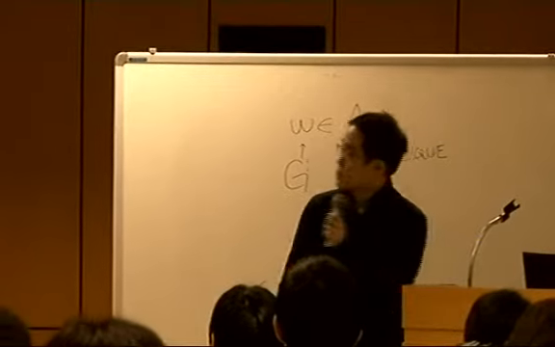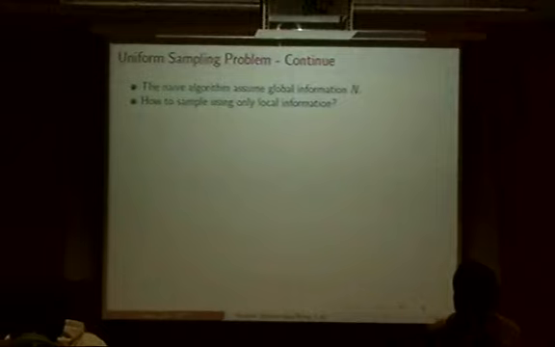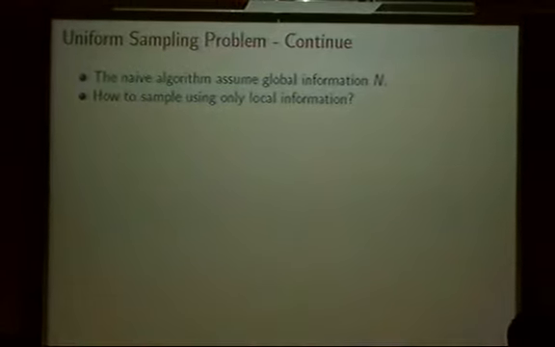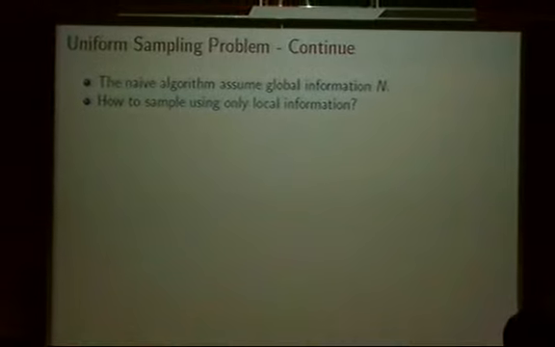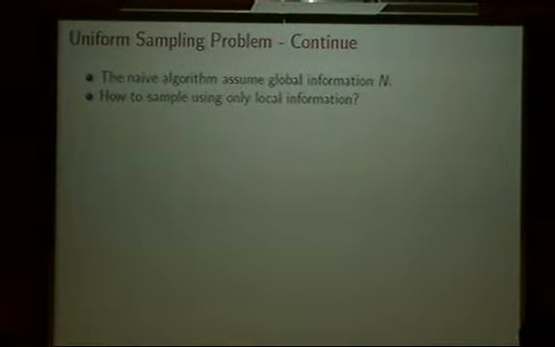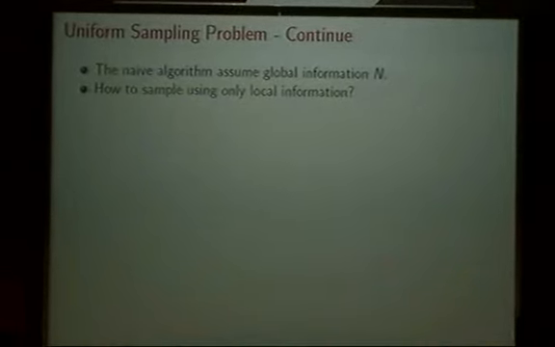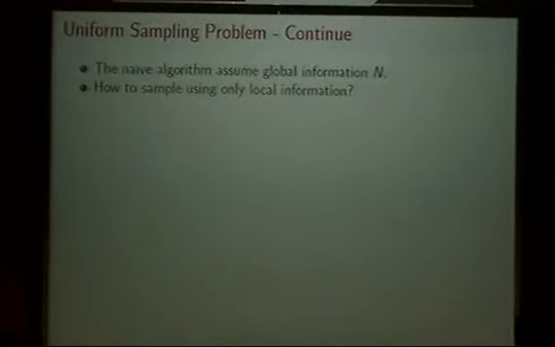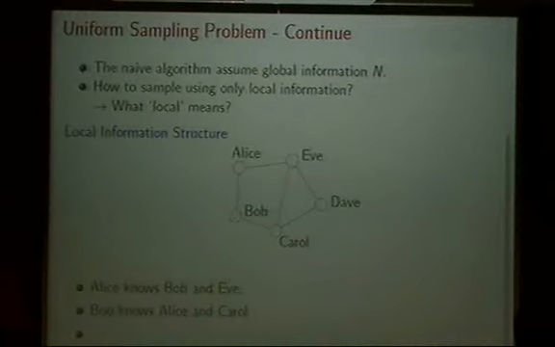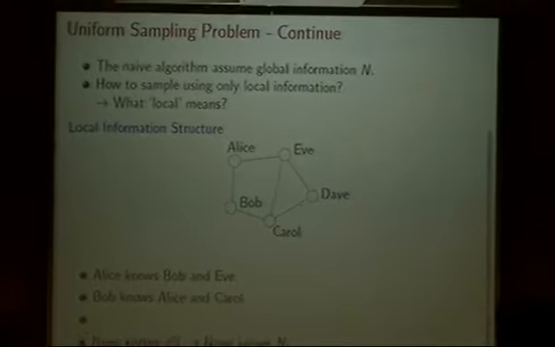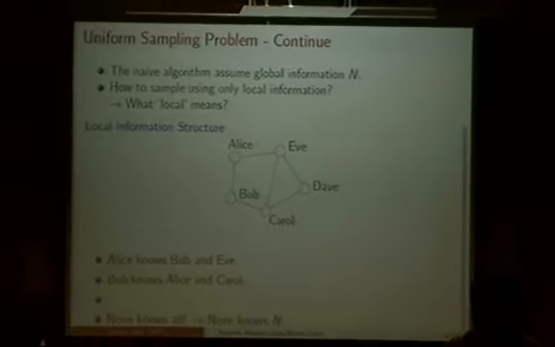Now, this naive algorithm assumes the global information of n, total number of people in the class. Now the main question is, how can we sample using only local information? Suppose we don't know about n, we don't know about how many people are here. Only we know is following local information structure. This graph represents local information structure.